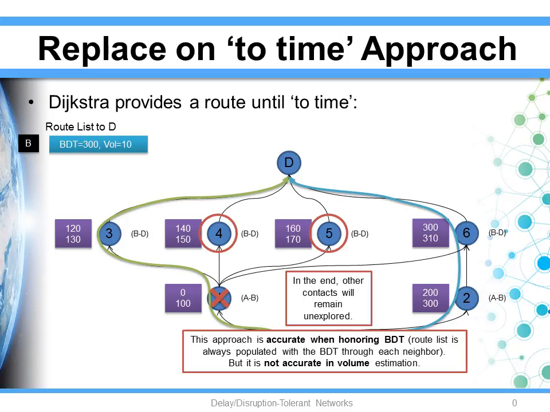So the volume calculation in this entry is not real in this case. However, the best delivery time is 120 in the first place, and that's accurate, and that works. So I think that the replace on to time approach is accurate if we only account for best delivery time, but it's not enough to make a good calculation of the volume of data we can send through a given contact.